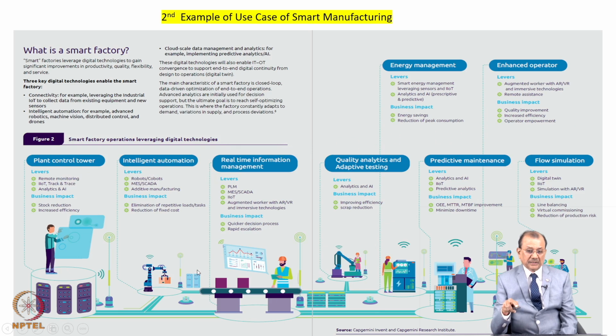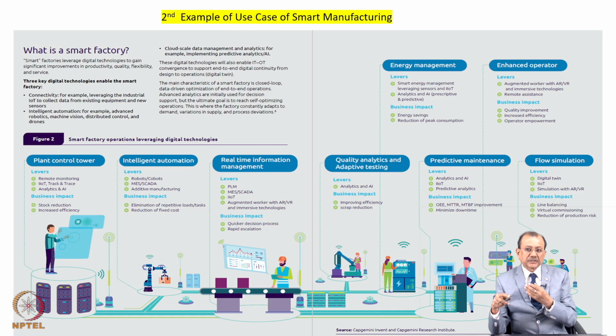Like Tata Steel, if you study the Tata Steel case study, you will find that most of these things are available in the smart factory of Tata Steel. Enhanced operator: when we say enhanced operator, it is a connected operator, and a connected operator means that he is not only seeing the process on the computer or in his control system, but is also being assisted with intelligent systems, like the Google Assistant.